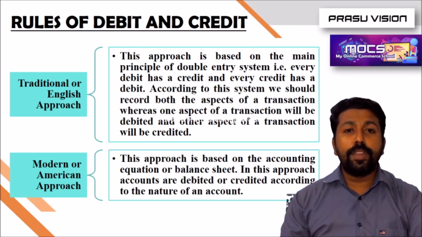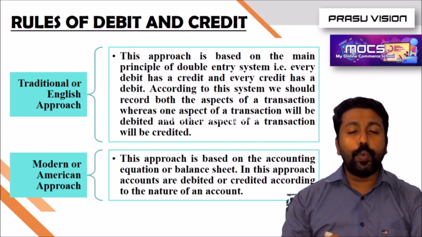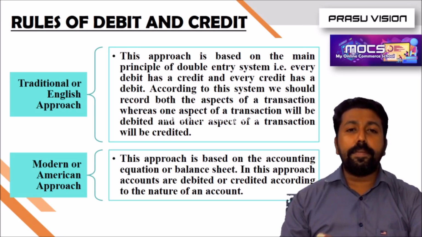According to this system, we should record both aspects of a transaction, where one aspect will be debited and the other will be credited. There is only a slight variation in the rules, but we get the same output.